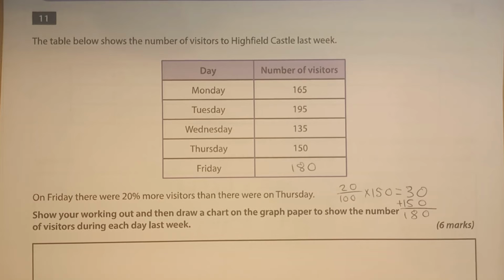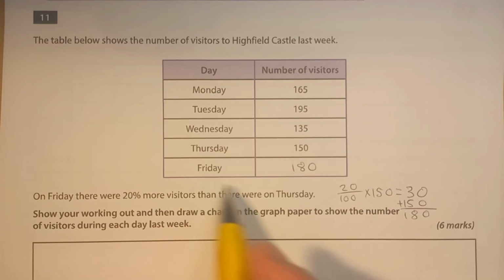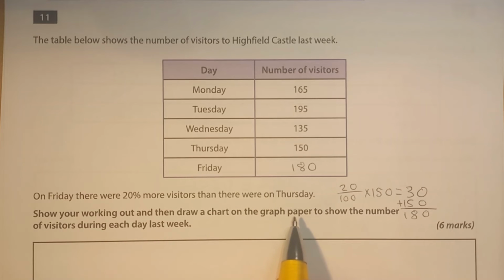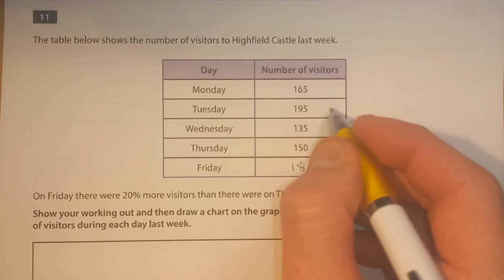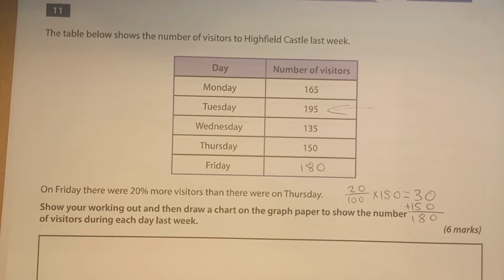Now we've got to draw our chart on the graph paper. So we're going to have 5 days and we've got our number of visitors. It's good to see what the biggest value is, and the biggest value is 195. So we're going to need to make sure our scale goes that high. Here's our graph paper. I'm going to look at the bottom first of all. We had 5 days, so we're going to want 5 columns going up.